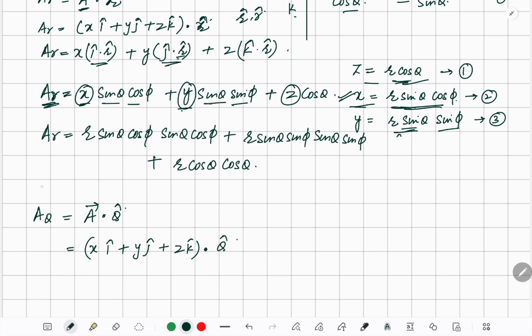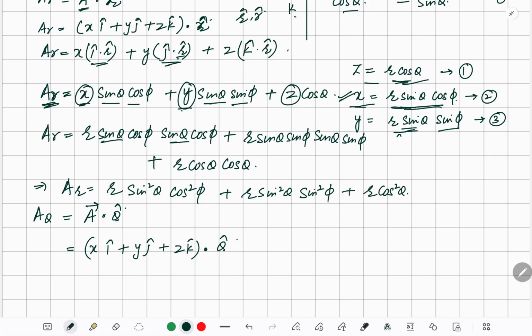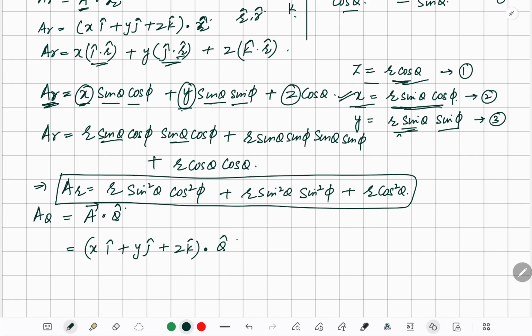Which implies a_r equals r sine squared theta cos squared phi, plus r sine squared theta sine squared phi, plus r cos squared theta. So this is finally a_r, written in terms of r, theta and phi.